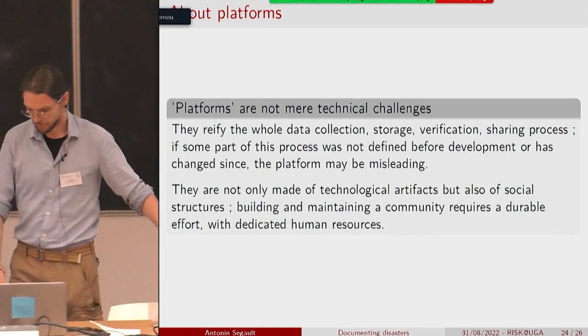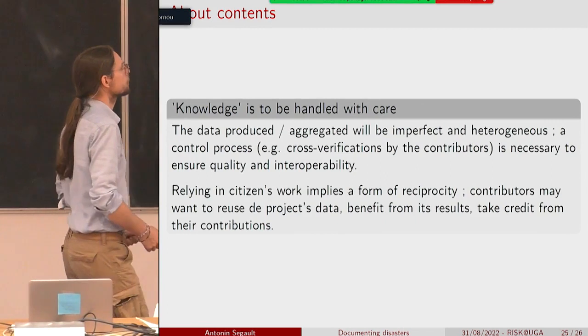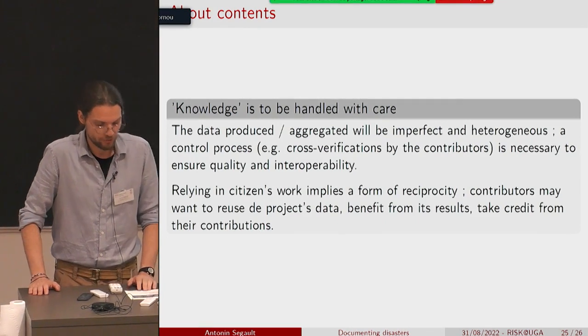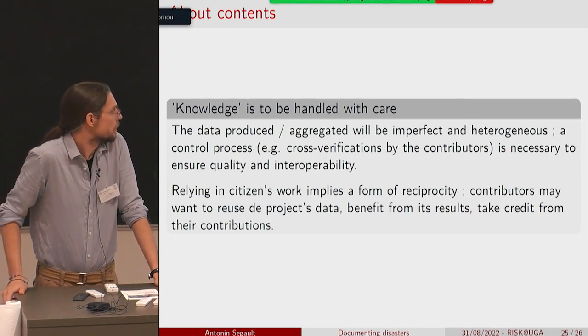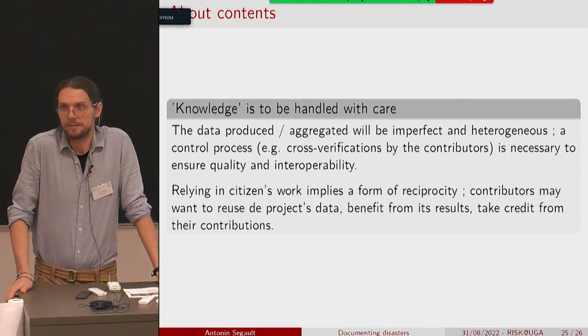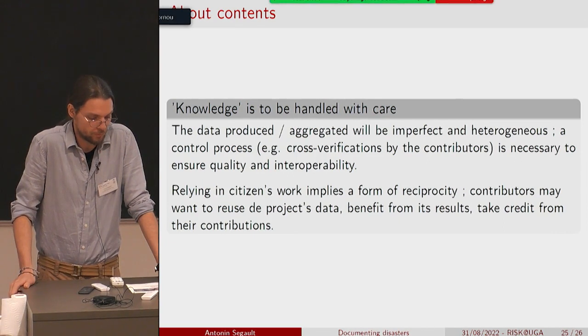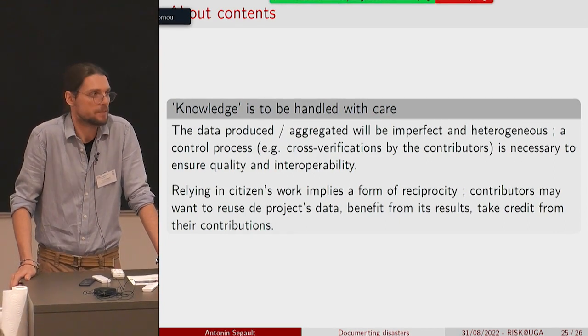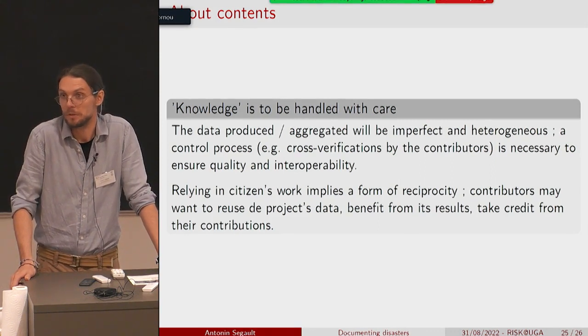And last but not least, about the data itself, I've been presenting projects that were kind of lucky because either there was not that much bad data, or this bad data was managed quite well. But you have to expect bad data when you develop this kind of project.